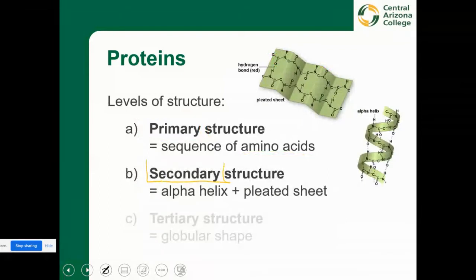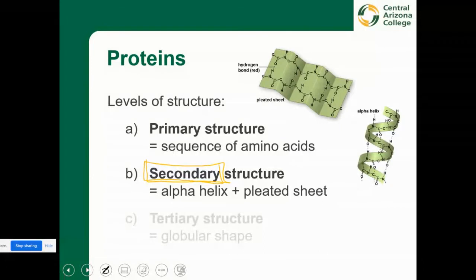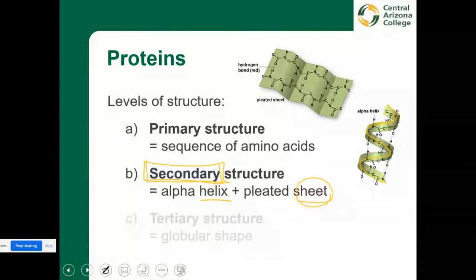Secondary structure of proteins steps a little further, and instead of looking at these individual amino acids, we're looking at the creation made by the chemical formulas that we have created. We can use this chemical formula as a starting point for visualizing what the protein will look like, either as a sheet or a certain kind of helix, kind of a ribbon.